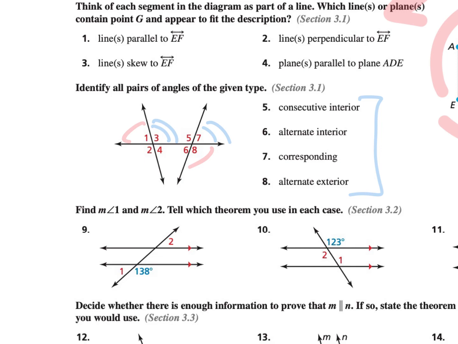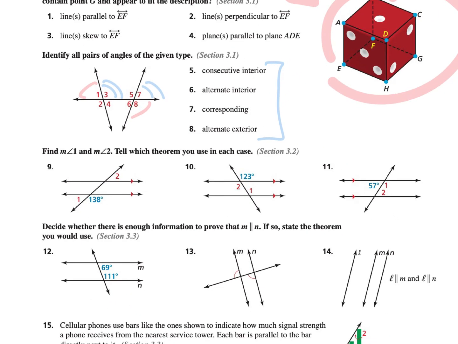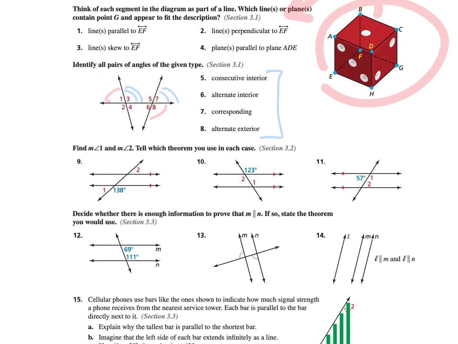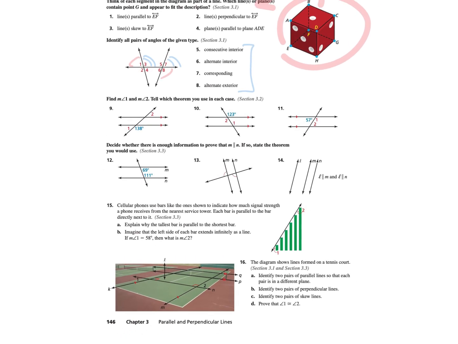Then also be able to apply these special angle pairs to find missing angle measures. So sometimes they're going to be congruent, sometimes they're going to be supplements. So again, be able to identify and find any missing angle measures. Now, on this review, there aren't any with algebraic expressions that you'll have to solve and set up, but on the quiz there are, because we just did that in the 3-3 warm-up.